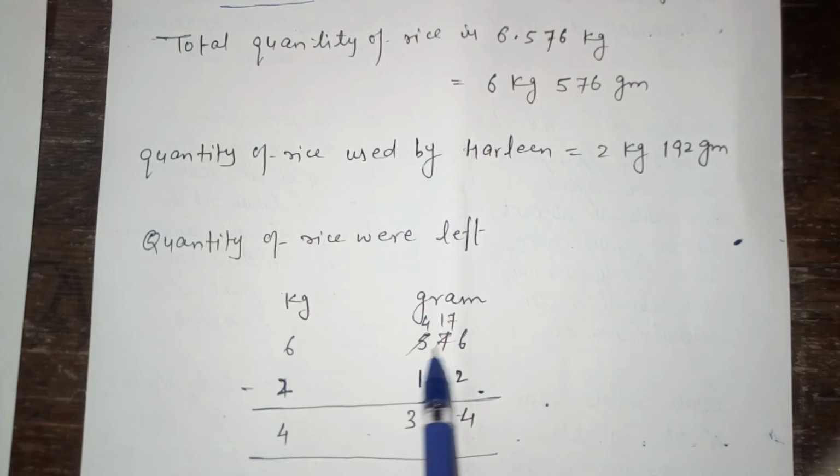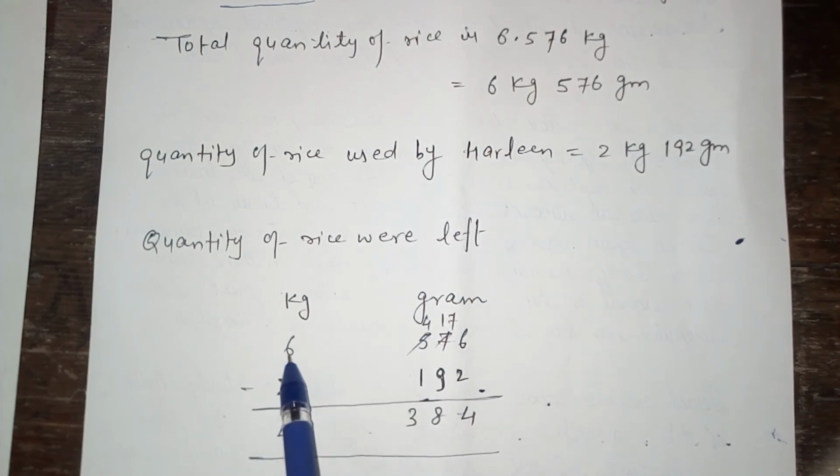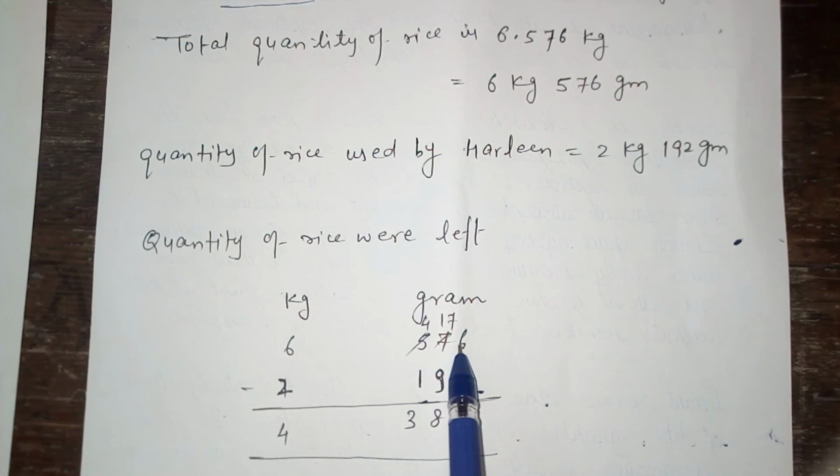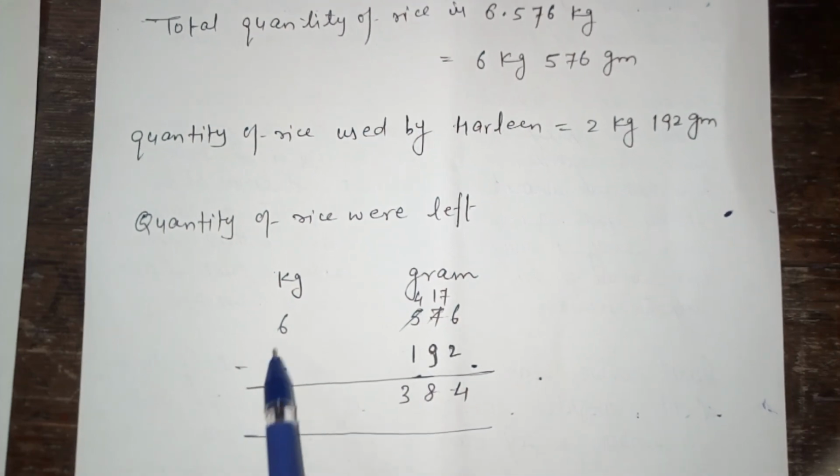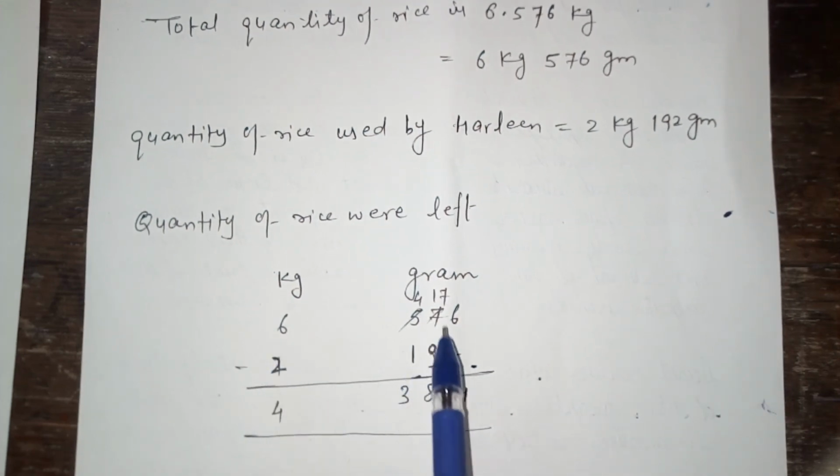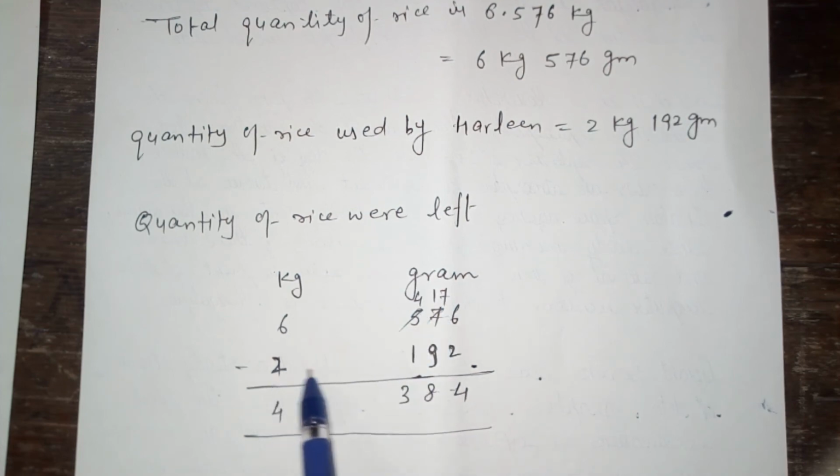For this step we will apply the subtraction procedure. 6 kg 576 gram is the total quantity of rice, and 2 kg 192 gram is the quantity of rice used by Harleen for cooking.